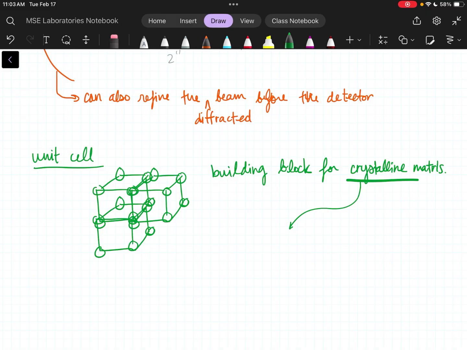Good. What is a definition for crystalline? Units that are organized, with long range organization among the atoms or molecules.